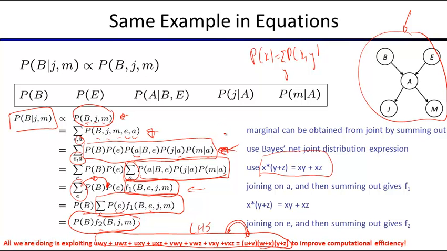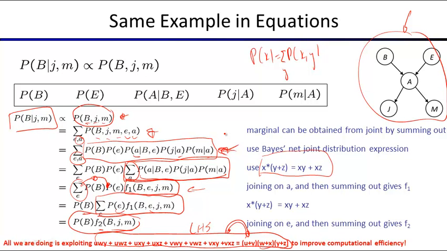You identify which hidden variables participate in a small number of factors. Put that small number of factors at the end of your product. Then move the summation right in front of that and do that first. If you have a lot of variables, this can save you a lot of computation.